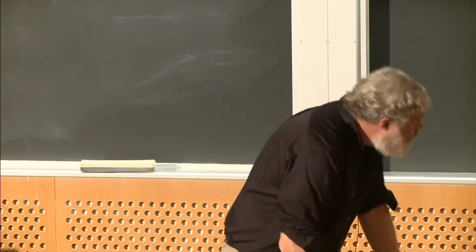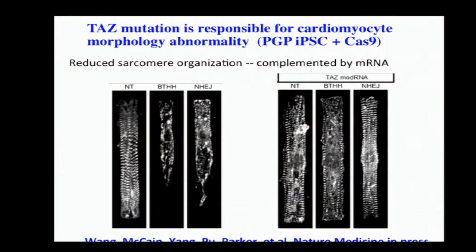So here's an example of how you get this beautiful ribbon-like striated pattern that you expect of cardiac muscle. This is programmed from my fibroblasts turned into stem cells into muscle. And then if you introduce the 2 mutations, either the one that corresponds to a patient or one that's just a mess, you get a morphological mess.